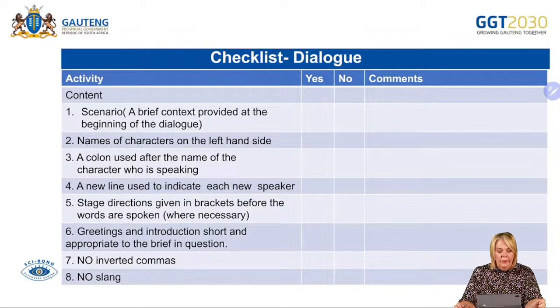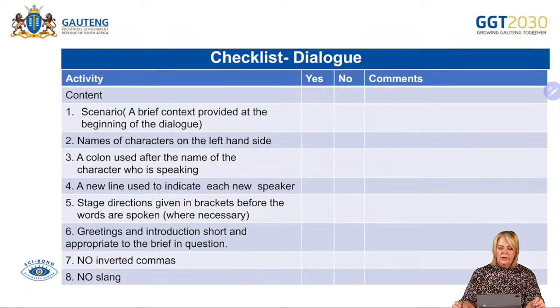Refer to the scenario, a brief context provided at the beginning of the dialogue, names of the characters on the left-hand side, a colon used after the name of the characters who are speaking, a new line used to indicate each new speaker, stage directions given in brackets before the words are spoken, wherever they are necessary.